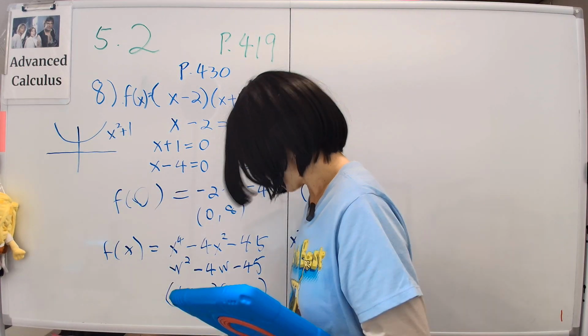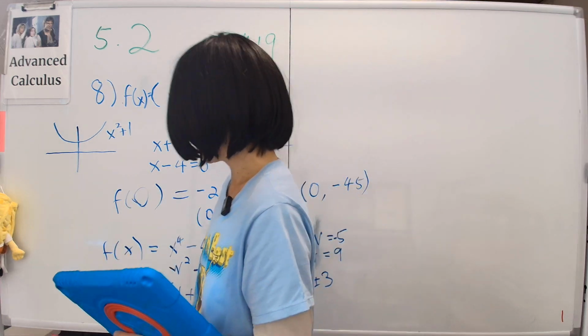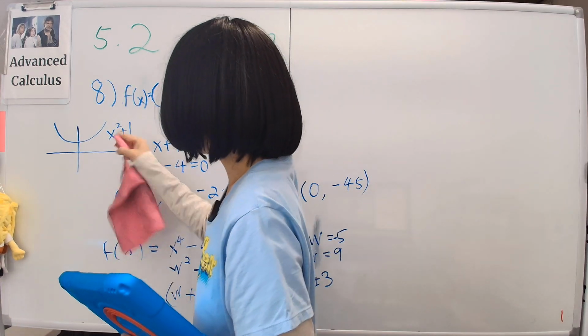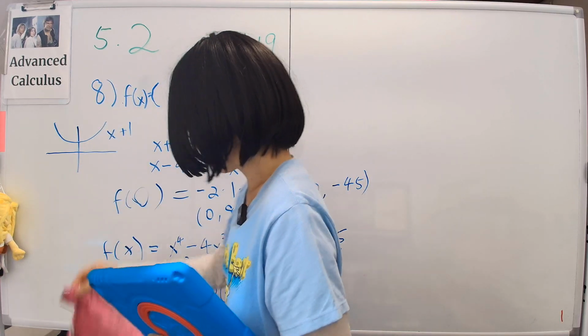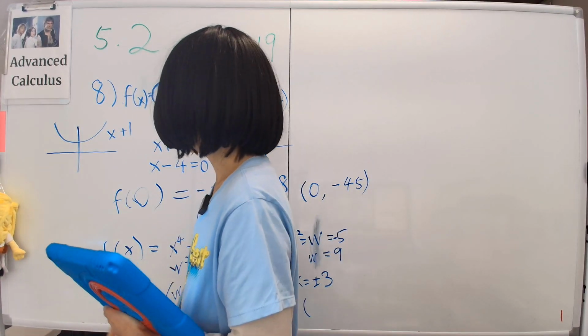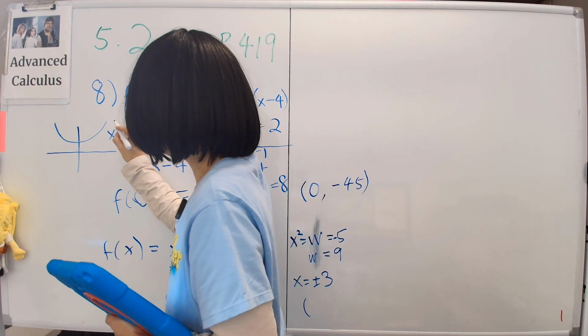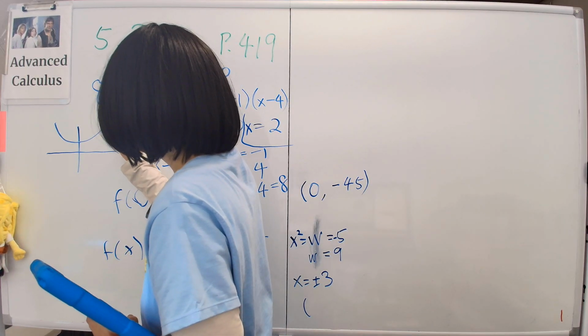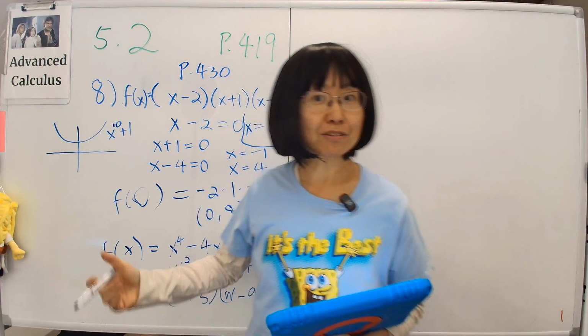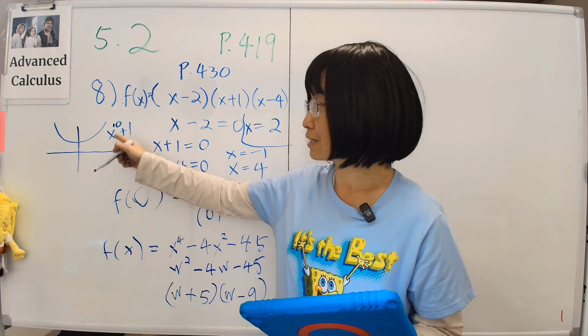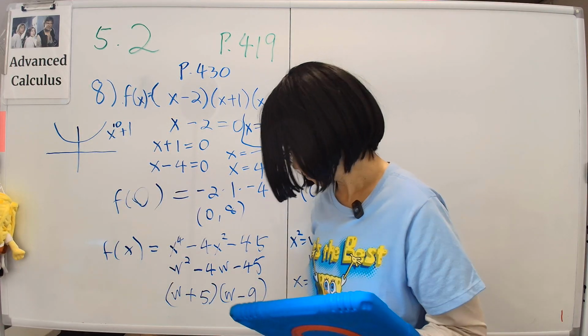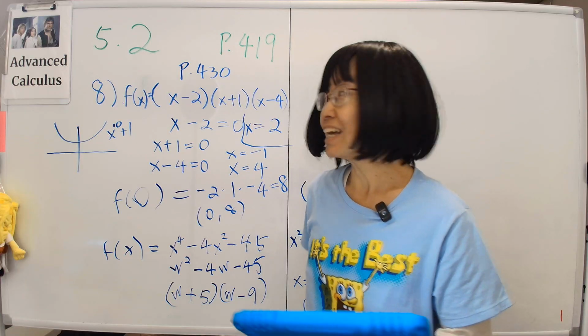I can write this as, instead of squared, the 10th power. Now, if it has 10th power, it has 10 roots, but none of them is real. They're all imaginary, and therefore this one does not cross the x-axis once, despite having 10 roots.